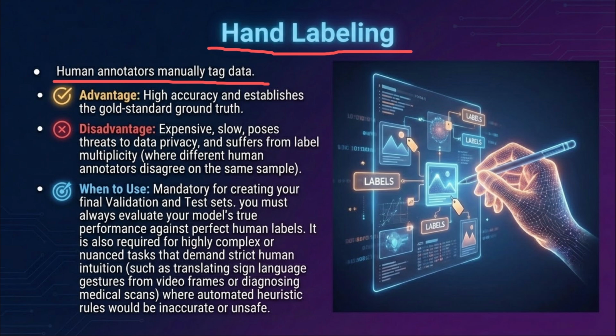But the problem is it is very expensive, very slow, and humans have to look at the data, so it poses a threat to data privacy, and it suffers from label multiplicity because humans disagree sometimes. We'll use it when we want highly accurate labels.